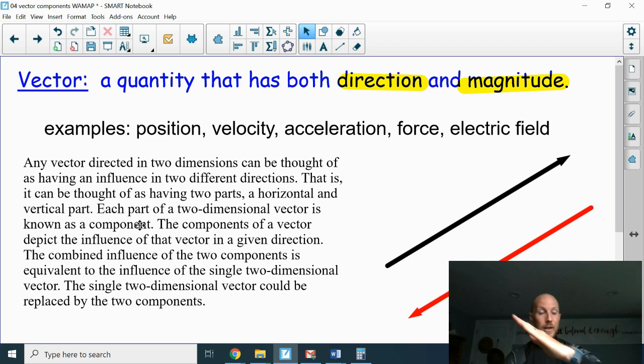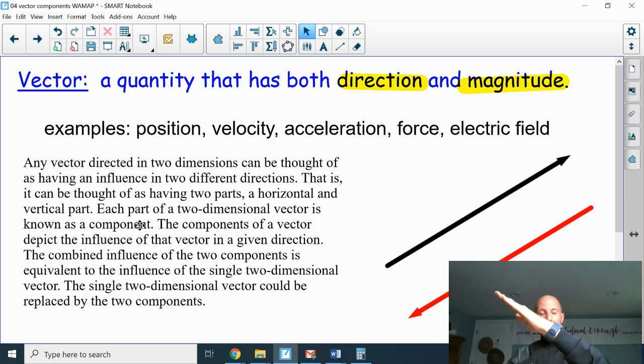So if you've got something going diagonally, let's say the kid is pushing the table diagonally, we could say, yeah, he pushed it diagonally, but we can break that apart into how far sideways did he push and also how far vertically did he push. And so we can take those two pieces of the push, and even though it actually moved diagonally across the floor of the room, we can look at the two different aspects, how far in the x direction, how far in the y direction.